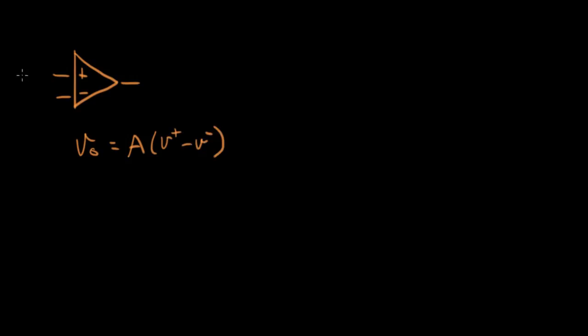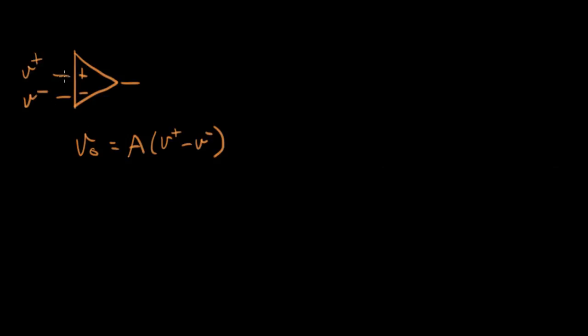The op amp that we've been looking at has a symbol like this. And we know that V out equals some huge gain times (V plus minus V minus). So this is a differential input. Here's V plus, here's V minus.